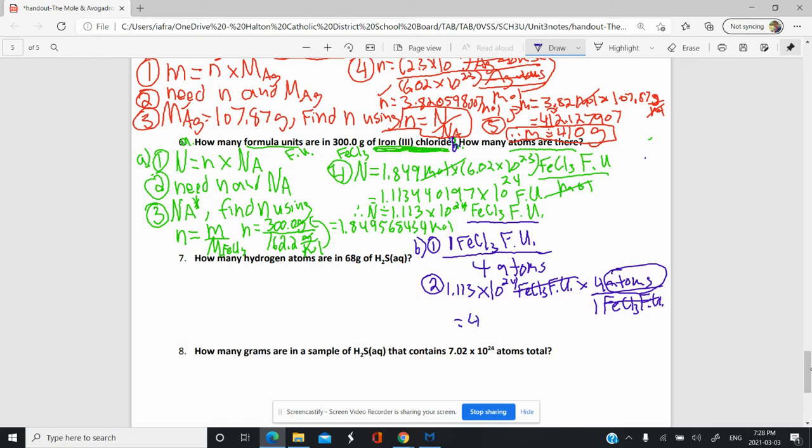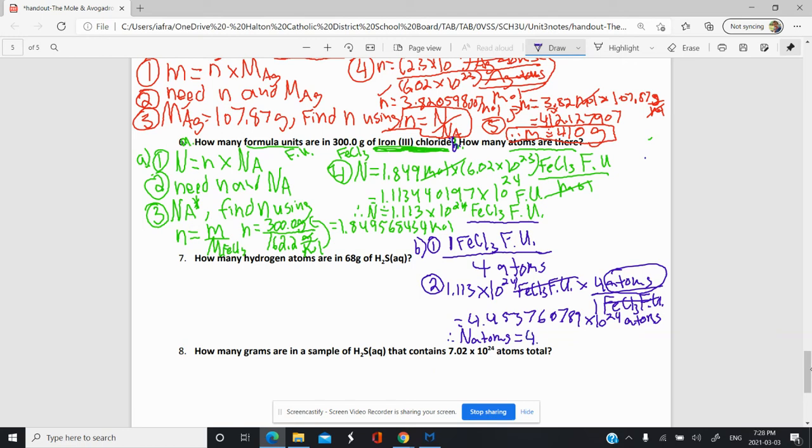I get 4.453760789 times 10 to the power of 24 atoms. And then I can say, therefore, the number of atoms total is equal to, we want to do this to 4 sig figs.